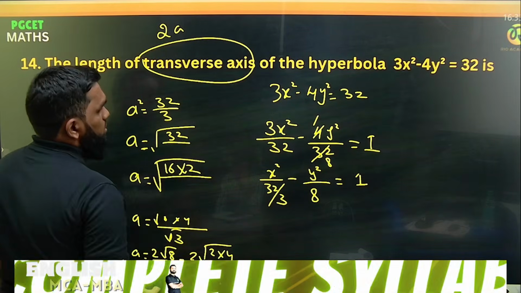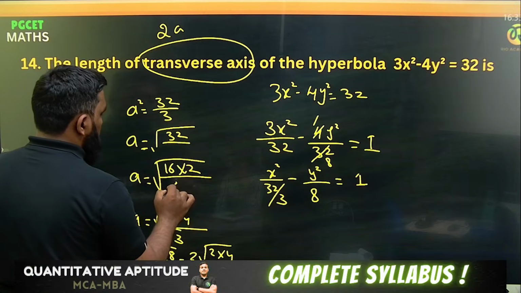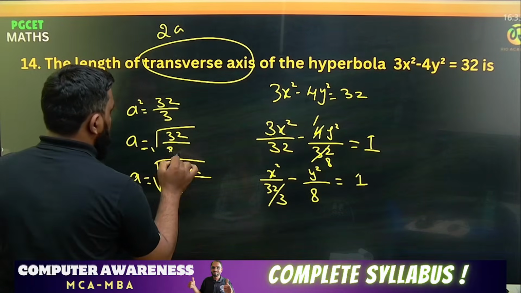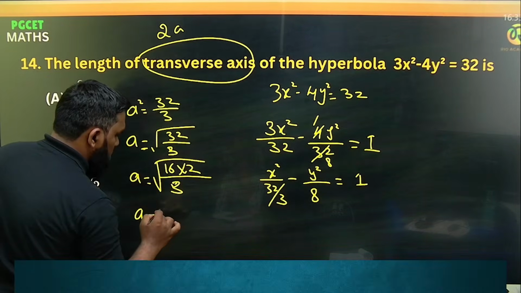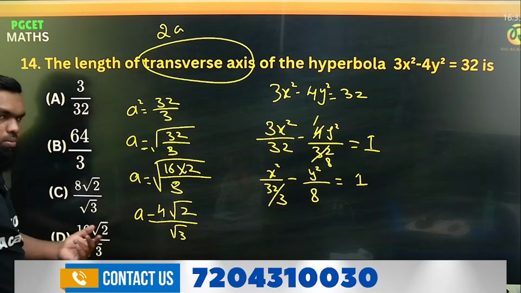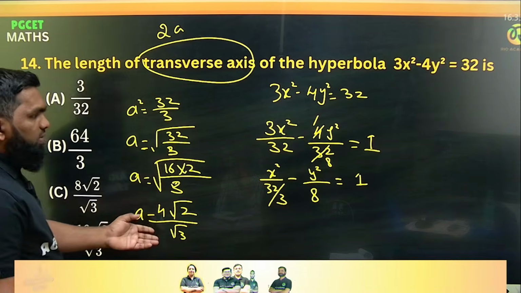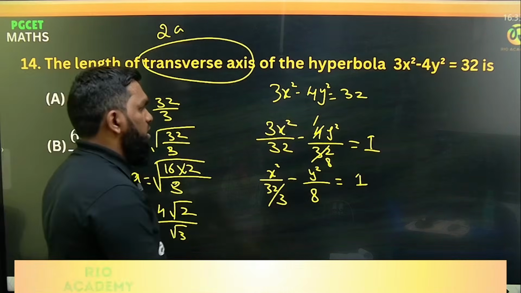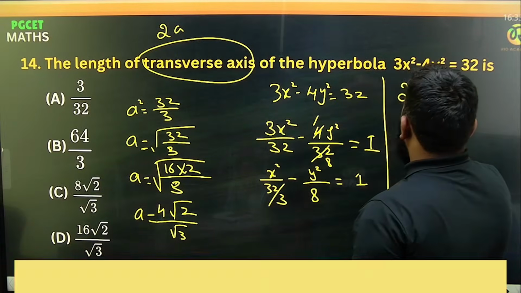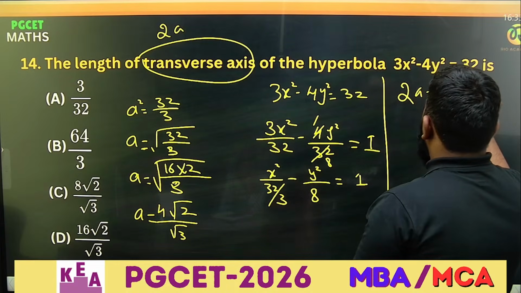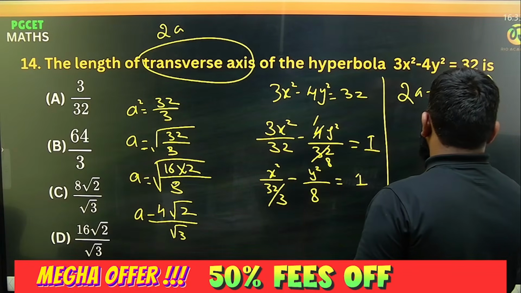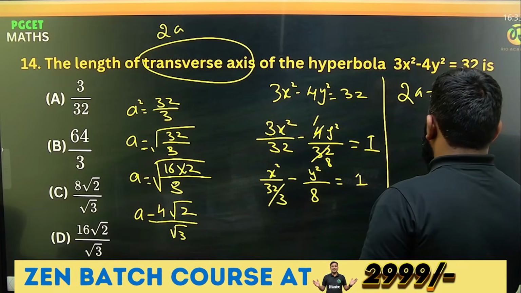We got the value of a, that is 4 root 2 divided by root 3. 2a is equal to 2 into 4 root 2 divided by root 3, that is 8 root 2 divided by root 3.